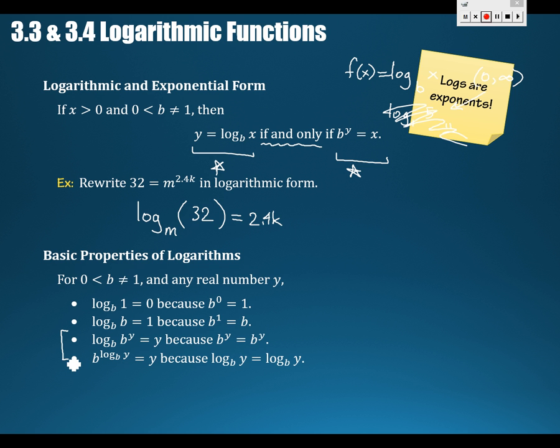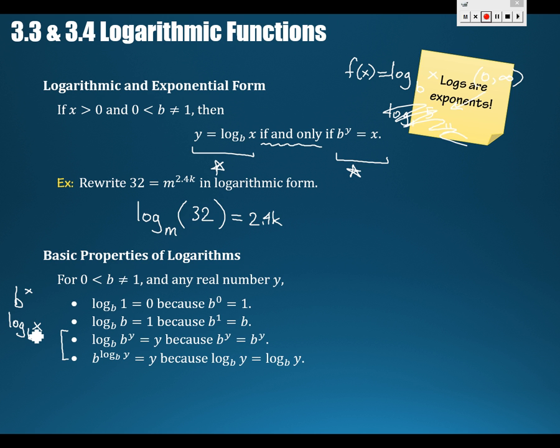Sometimes people call the last two properties the inverse properties, because if you have the functions b to the x and log base b to the x, those two functions are inverses of each other, by definition. And if you compose them one with the other in either way, that is f of g of x or g of f of x, if they really are inverses, what do you get?